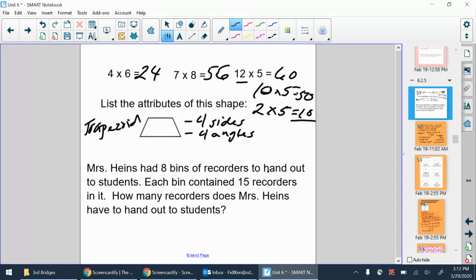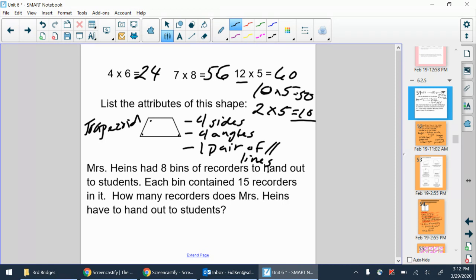Now remember, it doesn't matter what the angles are, because some trapezoids might have right angles. This trapezoid happens to have 2 acute angles, 2 acutes down here and 2 obtuse up there. But it might have right angles. So it doesn't matter what kind of angles, it just has to have 4 of them. Most important thing about a trapezoid is there's 1 pair of parallel lines.